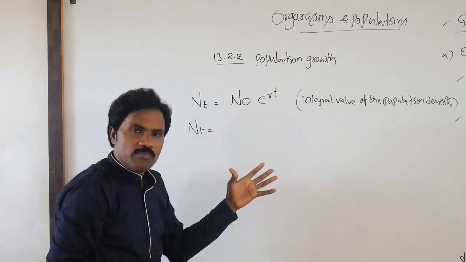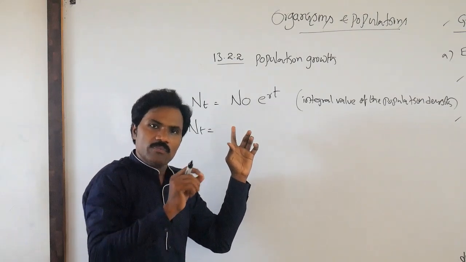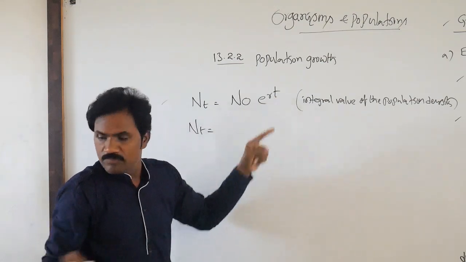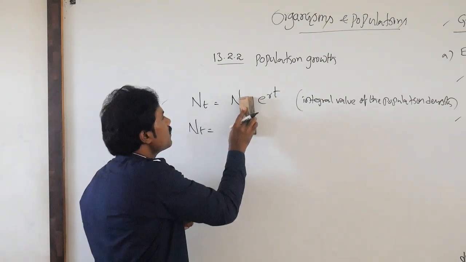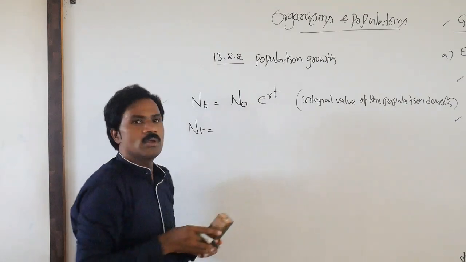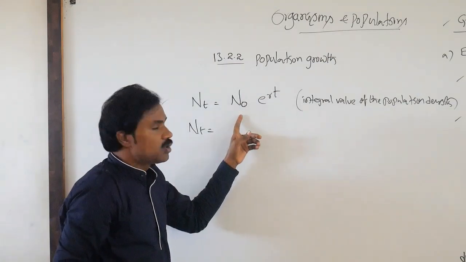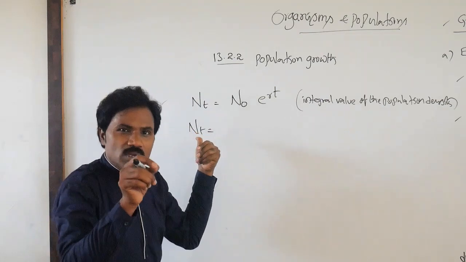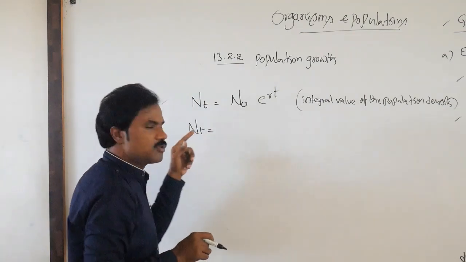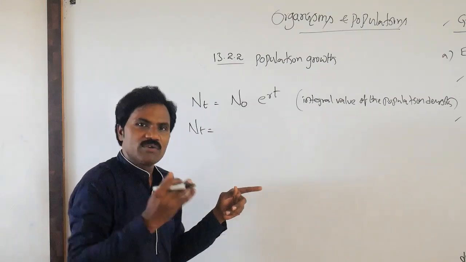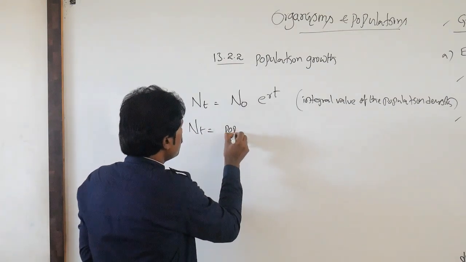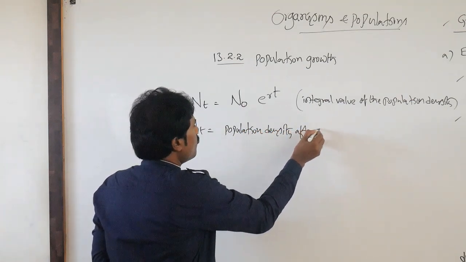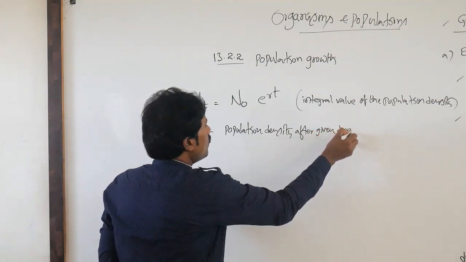From an exam point of view, they already give the equation Nt is equal to N0 e^rt. What N0 represents, what e represents, what r represents, what Nt represents, you must indicate very simply. Nt is the population density after a given time t.